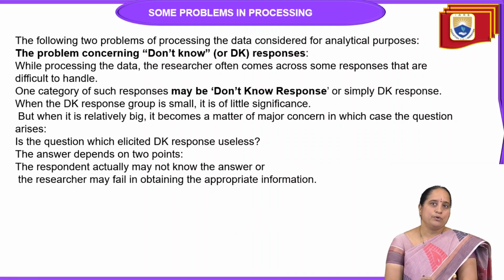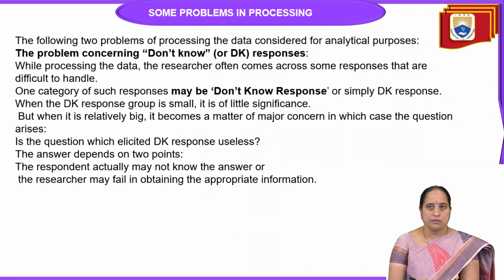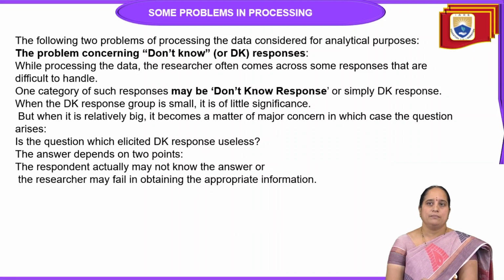So what kind of problems generally do we face during the processing of data? The following two problems of processing data are considered for analytical purposes. The first problem is don't know responses. While processing the data, the researcher often comes across some responses that are difficult to handle.